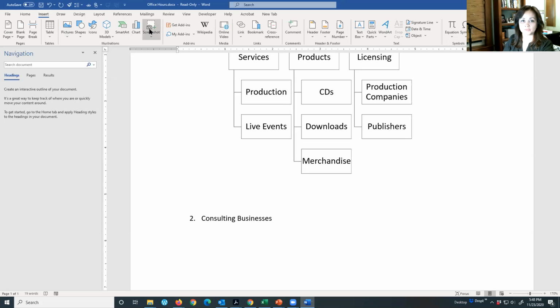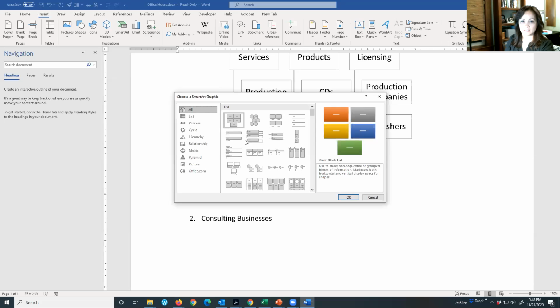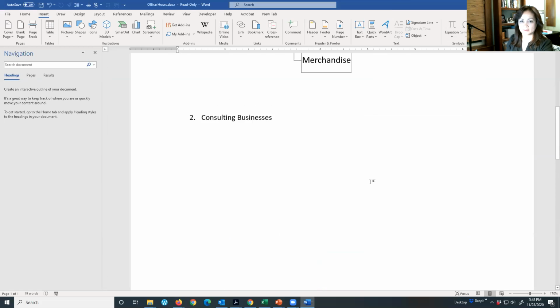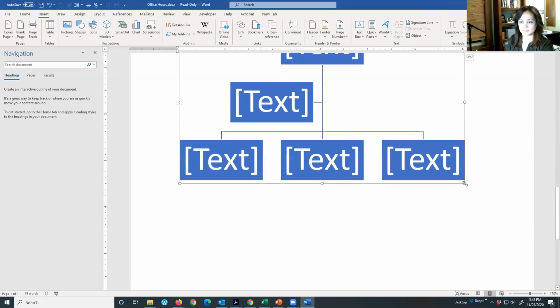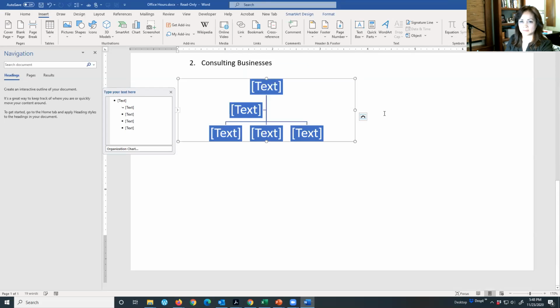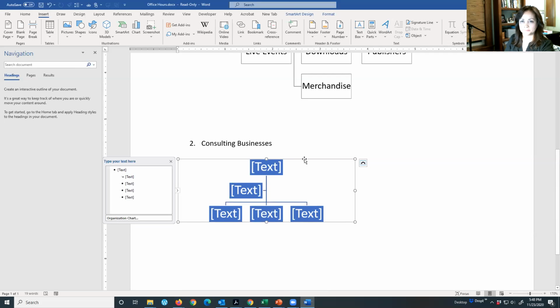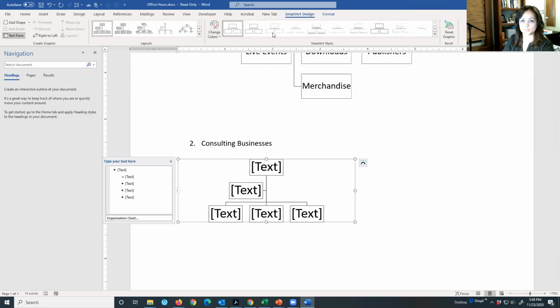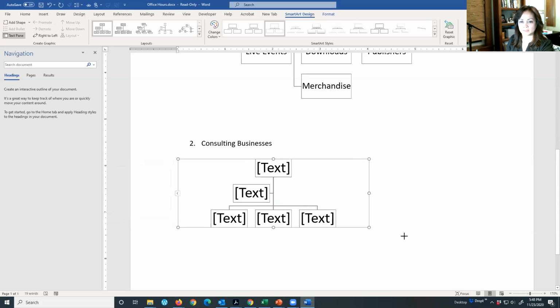Because for most of you, it's going to be the same thing. Okay, here it is, hierarchy. I just want this to be very easy for you all to read.